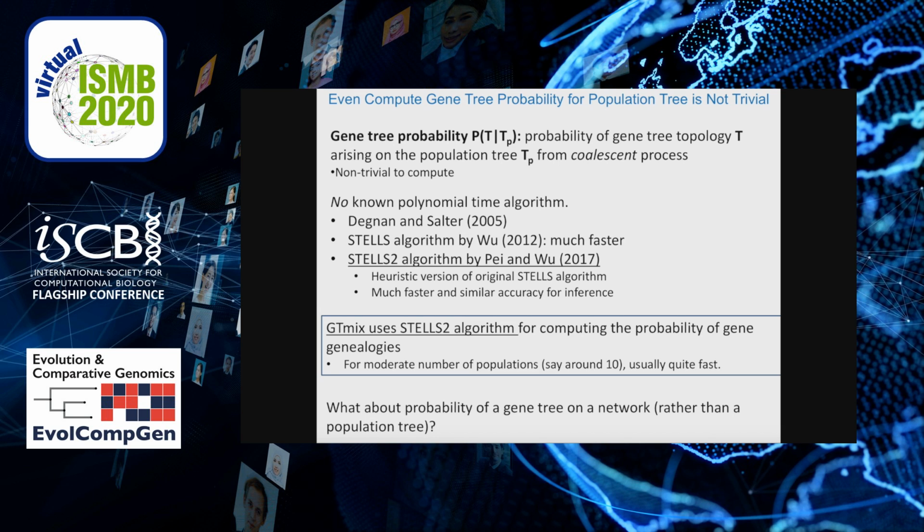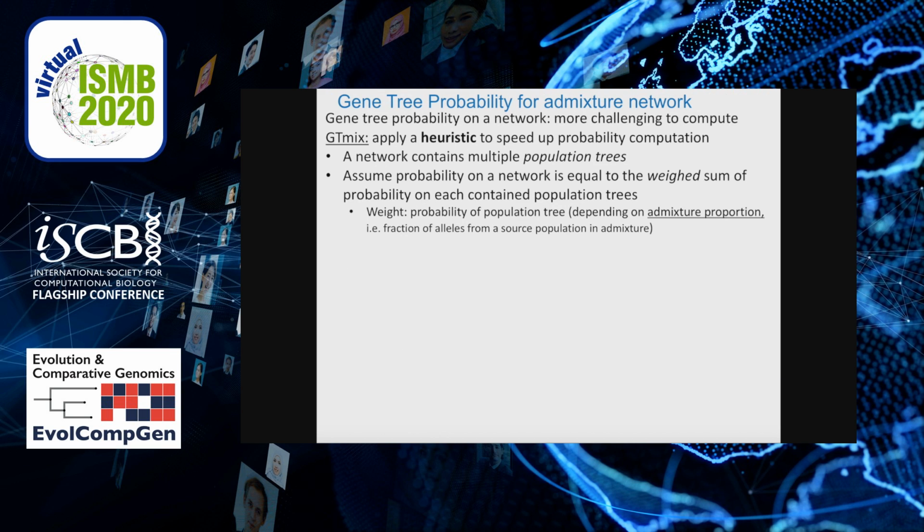So what about the probability of a gene tree on a network rather than a population tree? Computing the probability of a gene tree on a network turns out to be much more challenging computationally. GTMX applies a heuristic to make this computation more practical for inference. The critical observation here is that the network contains multiple population trees.